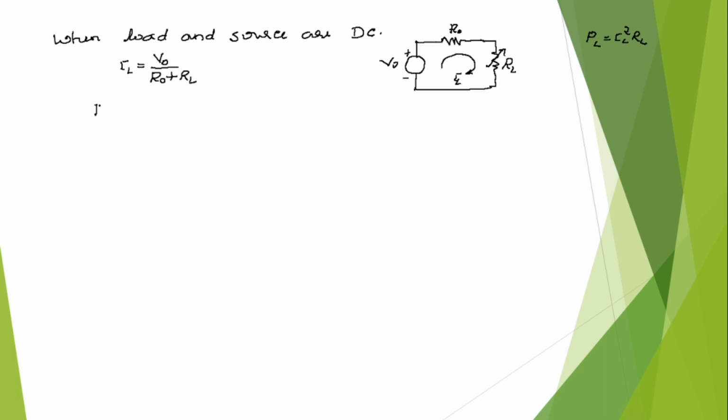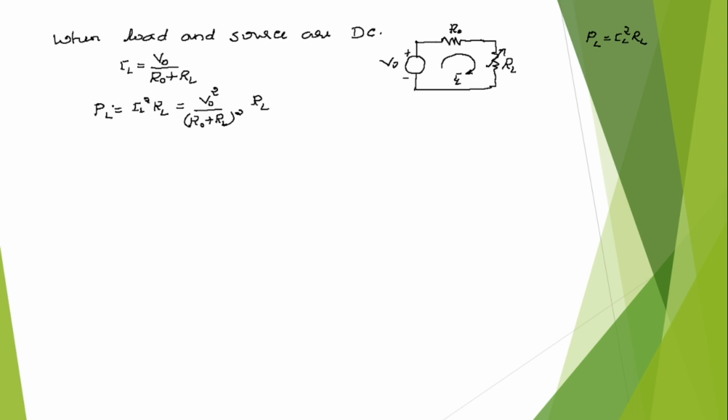So the power consumed by the load, IL square RL, means V0 square divided by (R0 plus RL) square into RL. Now I need to derive the condition at which this power is maximum.